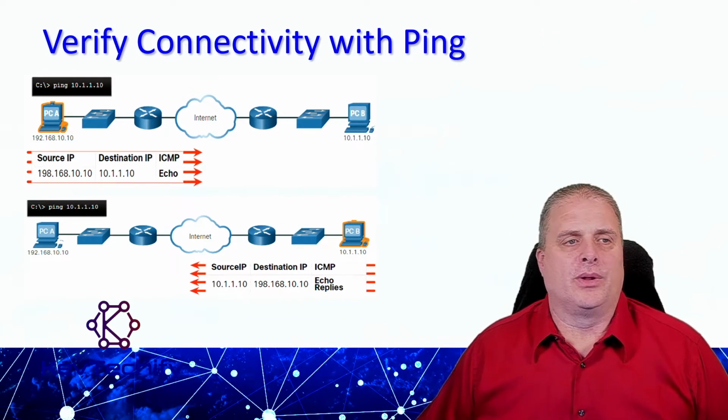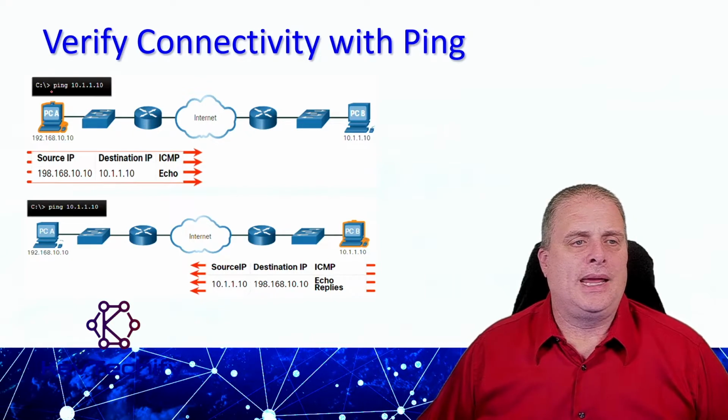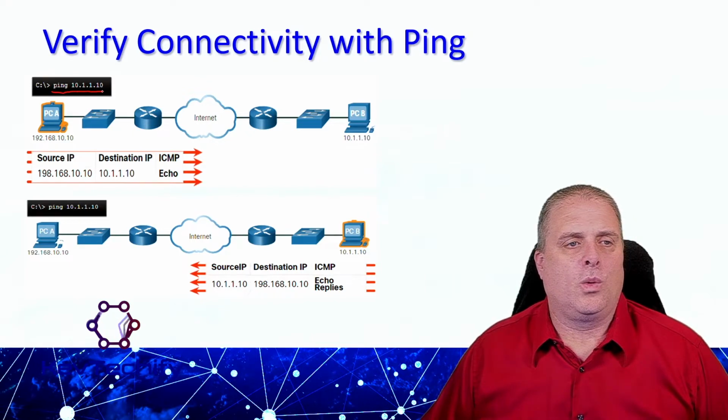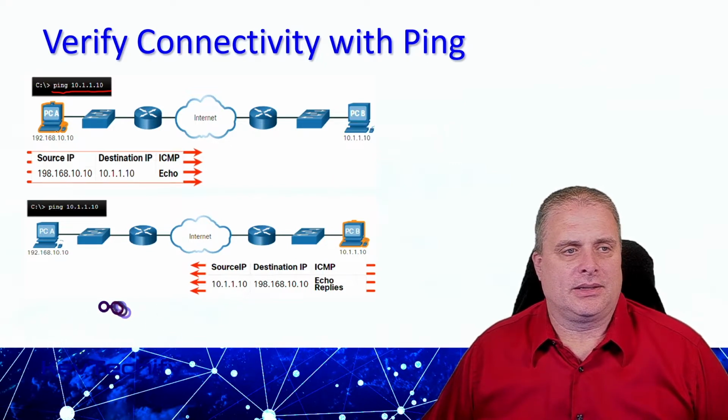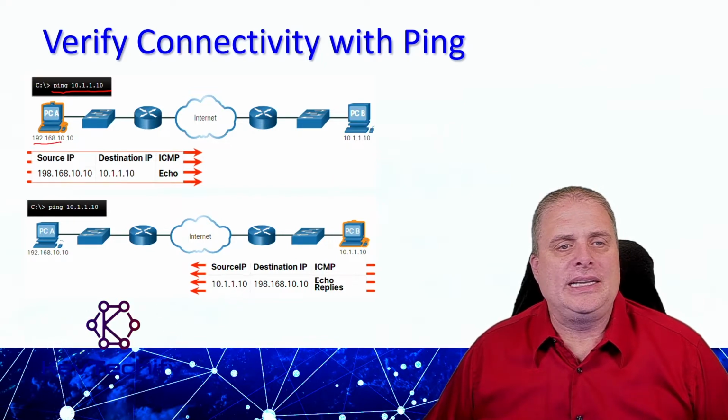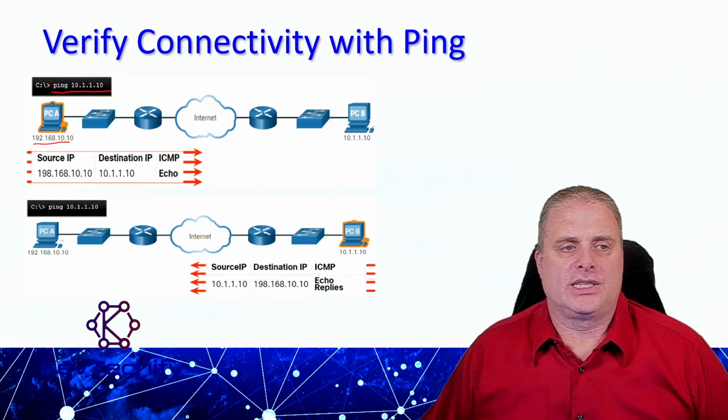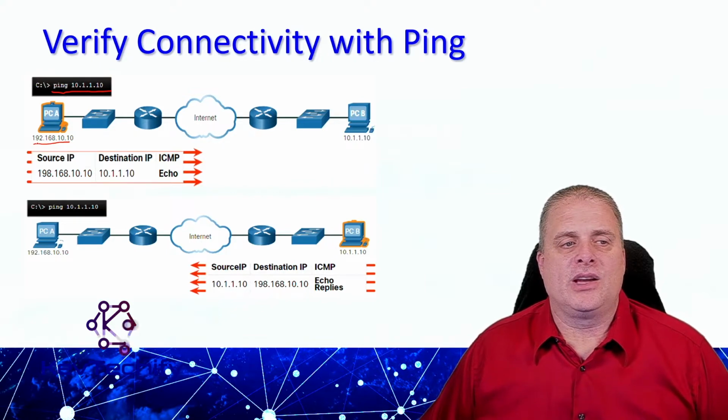Here in the example, as you can see, we are pinging 10.1.1.10. PCA is on a completely different network, 192.168.10.10. We are pinging a 10.1.1 computer. And so that ping sends out an echo request.